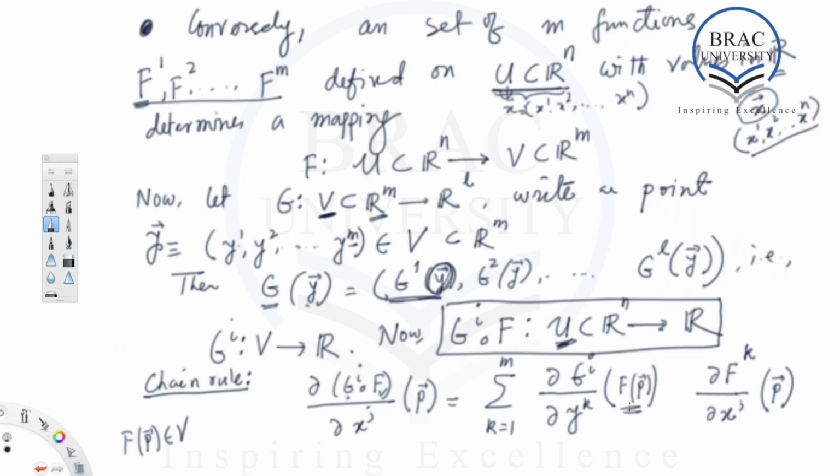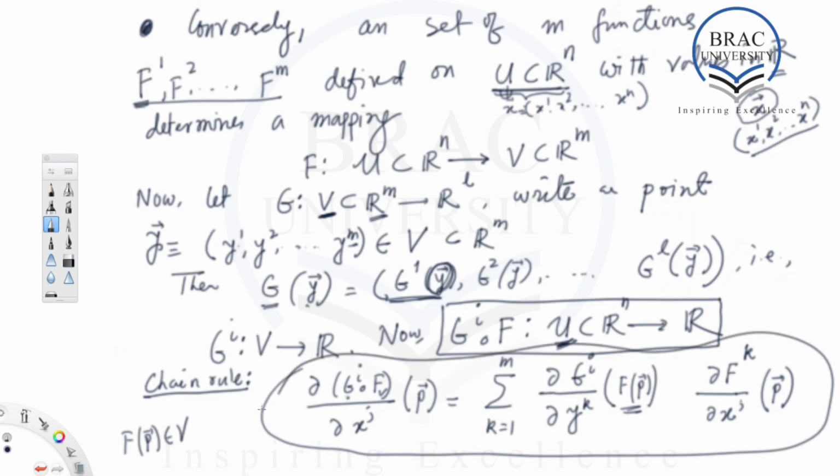Okay, so this is the chain rule for such functions of several variables, okay.